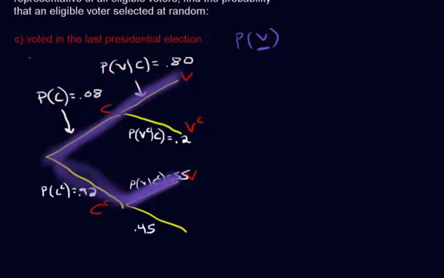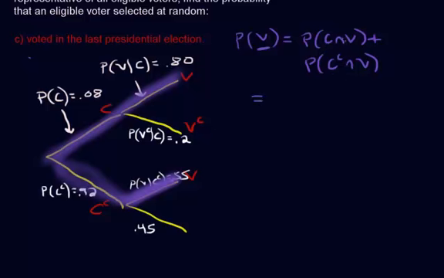So the probability that you voted has to be the probability that you have a college degree and voted, plus, or you could say or, you do not have a college degree and voted. Either way, you voted. Whether you had a college degree or you didn't, these people voted.